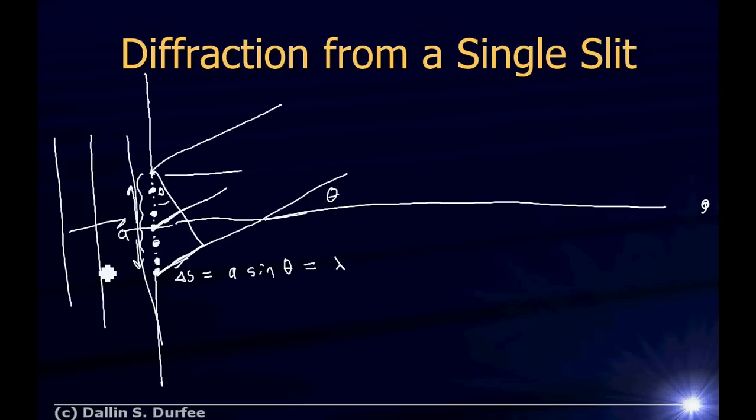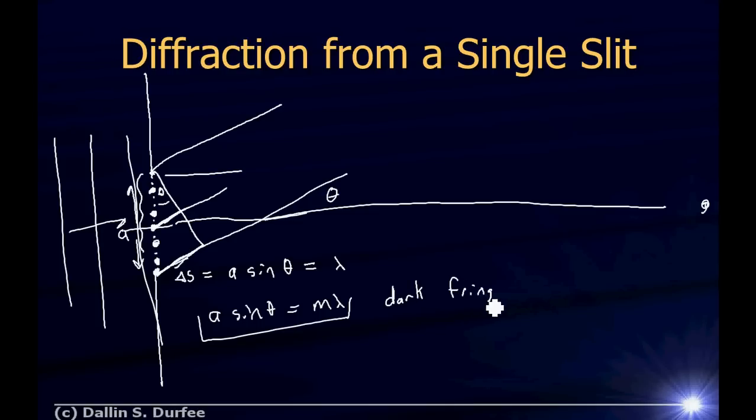So for a single slit pattern, when A sine theta is equal to m lambda, that's precisely when I have matching pairs of points on my slit that cancel each other out perfectly. So this is actually the condition to get a dark fringe.